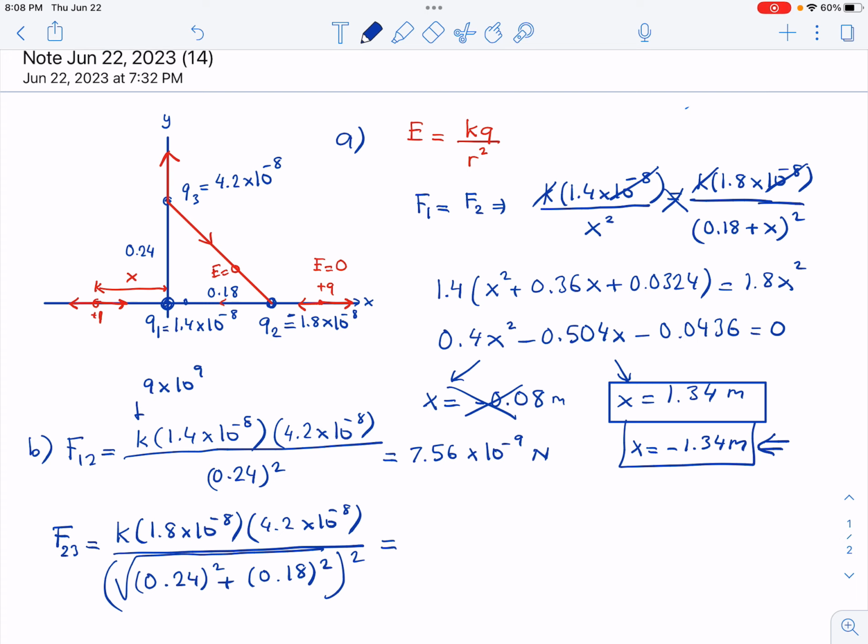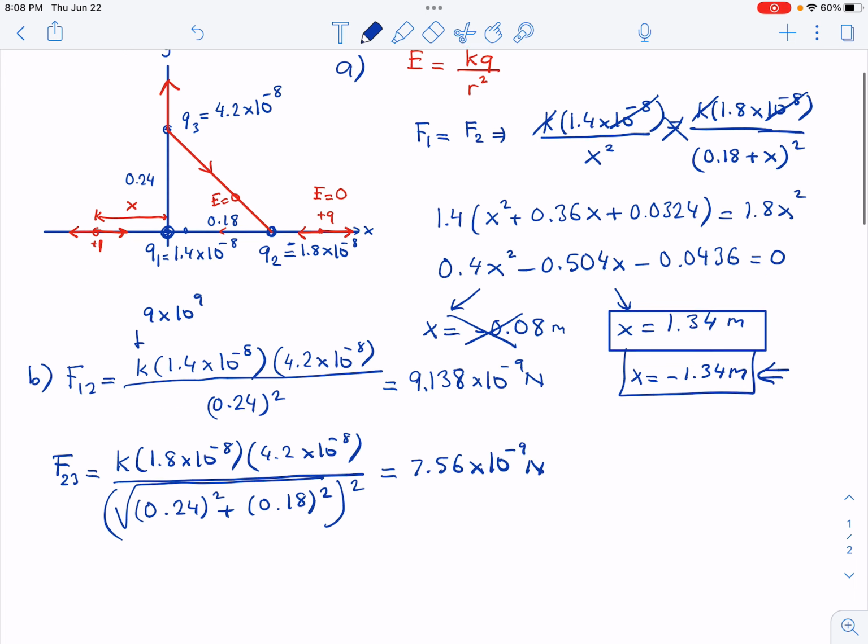Oh, I wrote this wrong. So this one is 7.59 Newton, and this one is 9.137 or 9.138 times 10 to the negative 9 Newton.